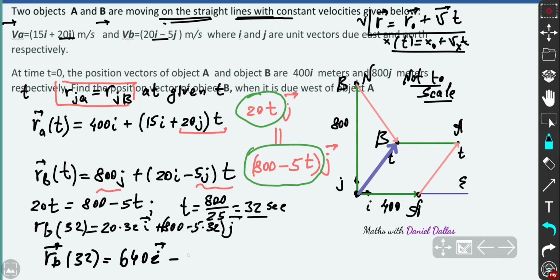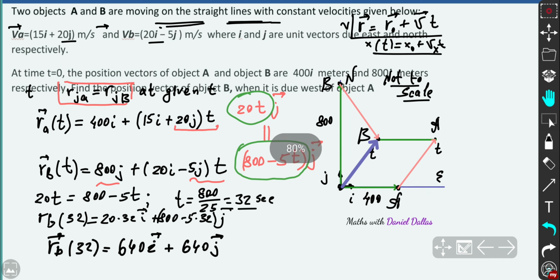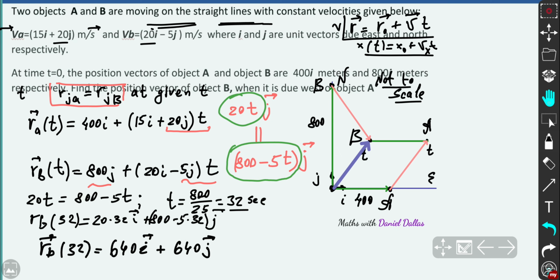Oh, the same component, and it's positive as well, j. So we've got the final equation for the position vector, which you can see right there.